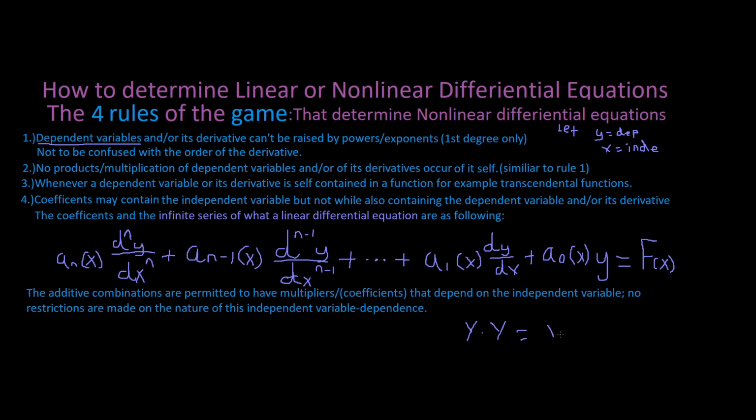It becomes an exponent, or the power of itself. We can only have first degree powers. We can't have y prime times y prime, and we can't have y prime times y.